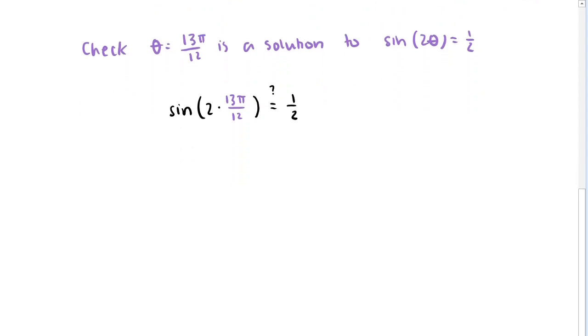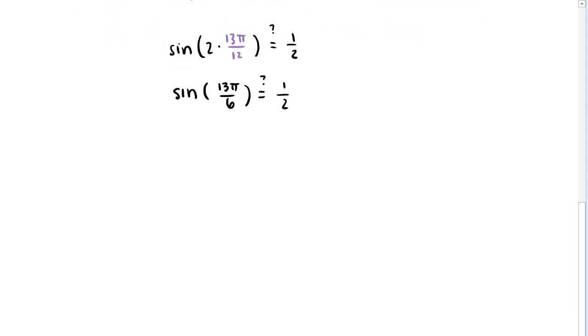Well, 2 times 13 pi over 12 is the same as 13 pi over 6. And 13 pi over 6, really I can see this as 12 pi over 6 plus pi over 6. And we know 12 pi over 6 is really just 2 pi.